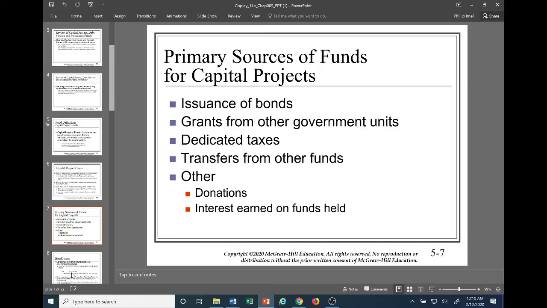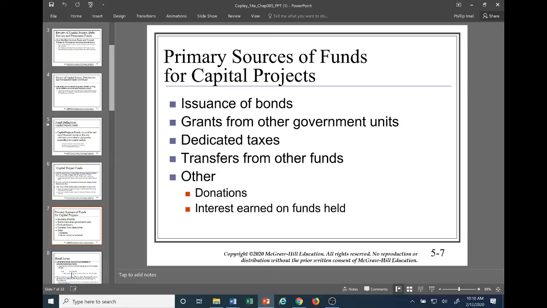Transfers from other funds, so the general fund might transfer some money into the capital projects fund. And others could be donations, so citizens could make donations for capital projects, or interest earned on funds held. So interest that accrues on funds being held could also be a source of funds for capital projects. So all those make sense, right?